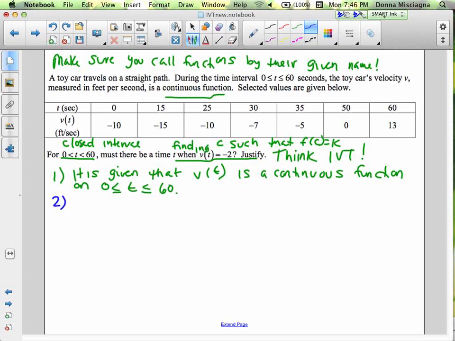We're on to requirement number two. So we need to find our starting and ending values. Of course, we've got 0 as our start and 60 as our end. So we need to make sure that k is in between those. After I said make sure you call them by their names, it's v of 0, and so that's going to be negative 10. It's right there. Much like v of 60 is 13.